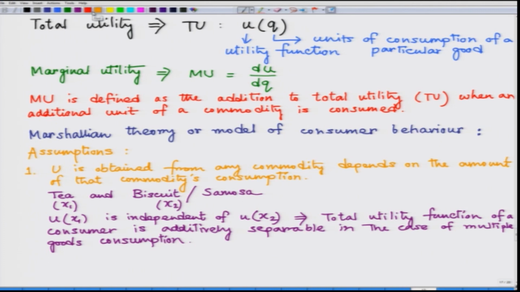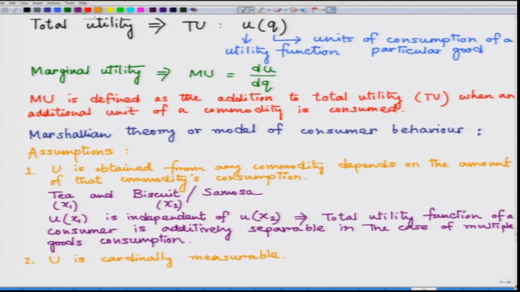The second assumption is one of the key assumptions of Marshallian analysis, and that is utility is cardinally measurable. What is the implication?